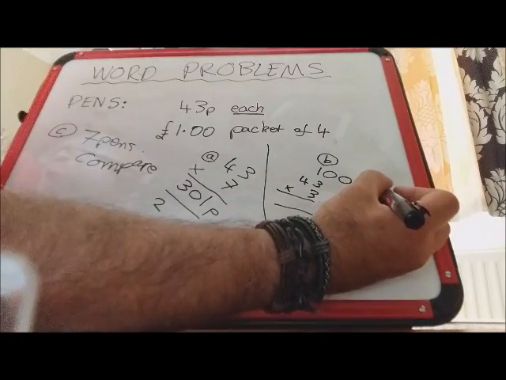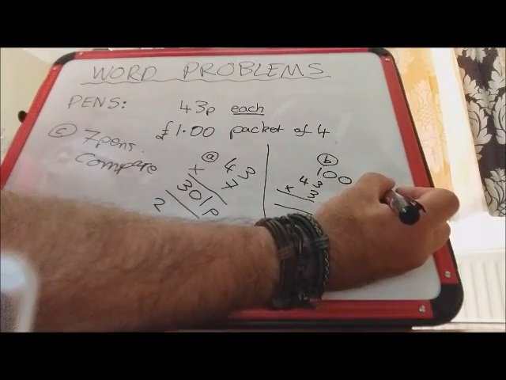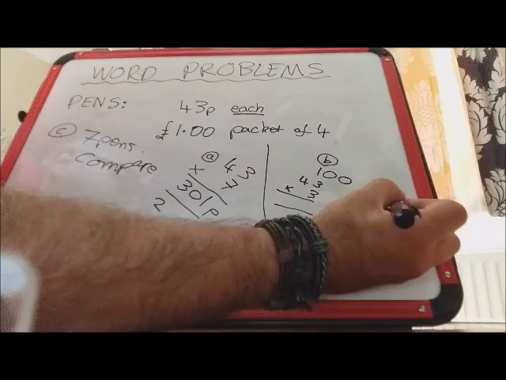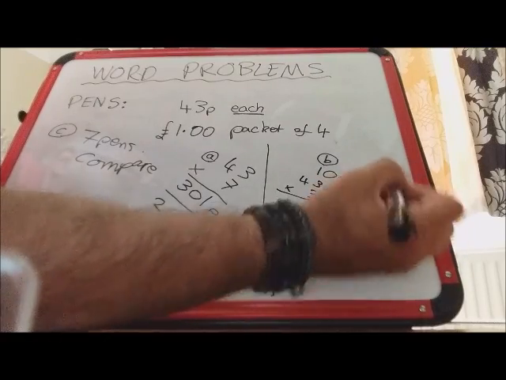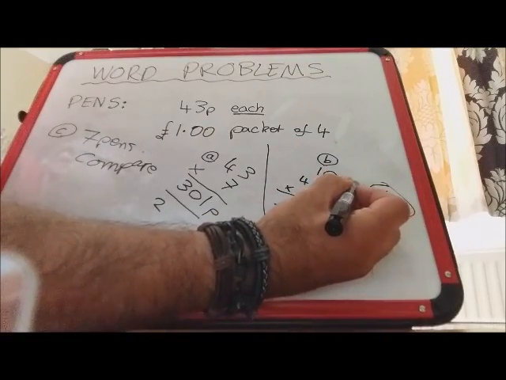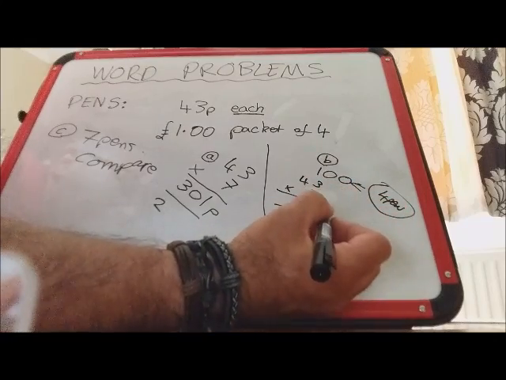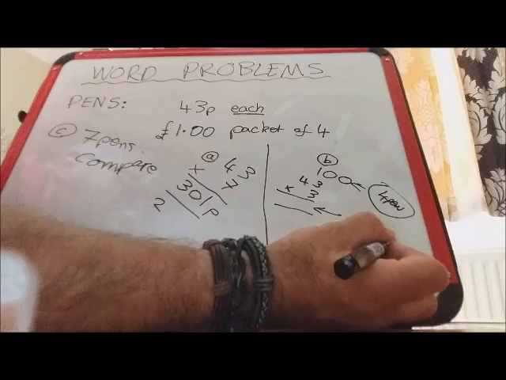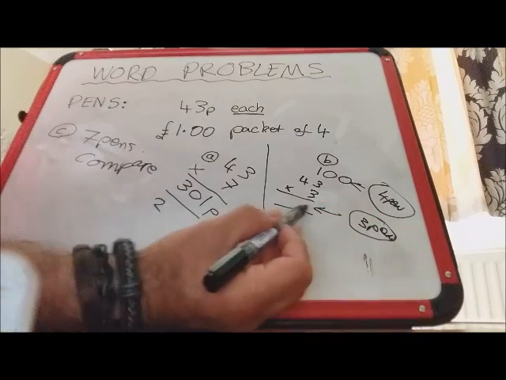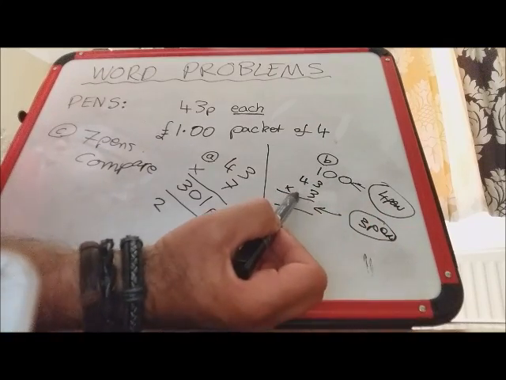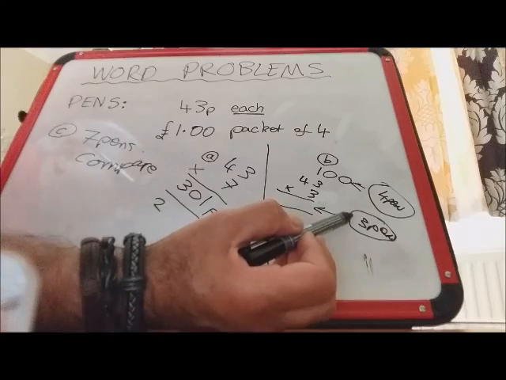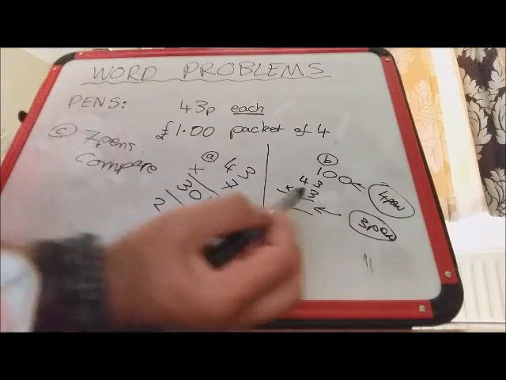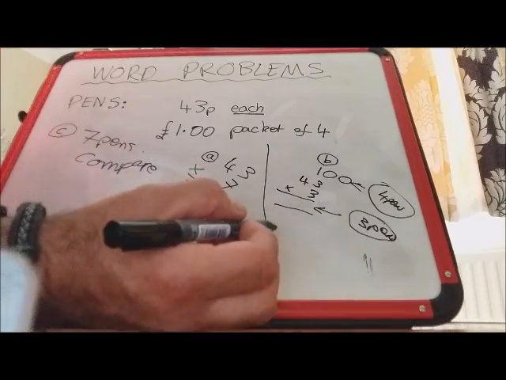If I put a circle around this amount for 4 pens, and this amount is for 3 pens, with a circle around that and an arrow, then that amount plus that amount will be 4 pens plus 3 pens, which is 7 pens. Hope you're clear on that.